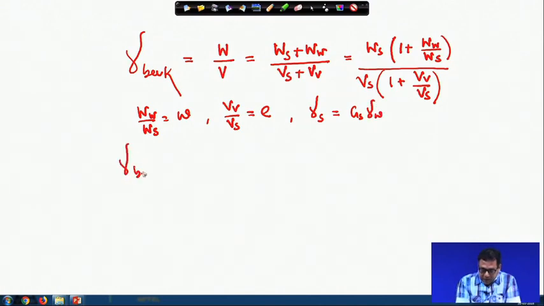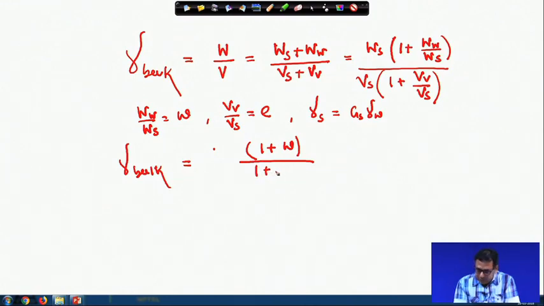So, finally, I can write gamma bulk is equal to the unit weight of solid into 1 plus W divided by 1 plus E. Weight of solid divided by volume of solid is equal to unit weight of solid.